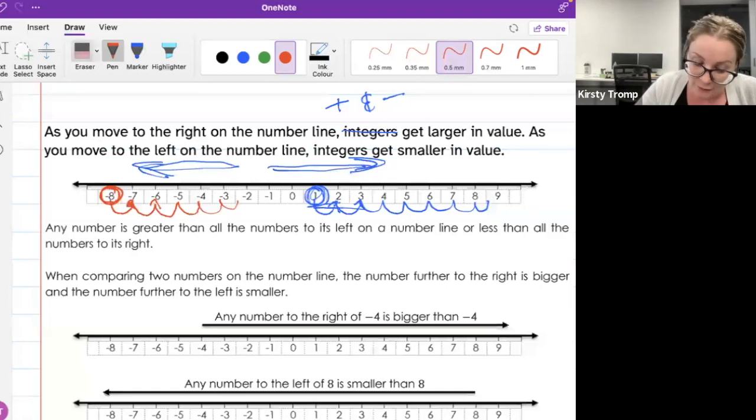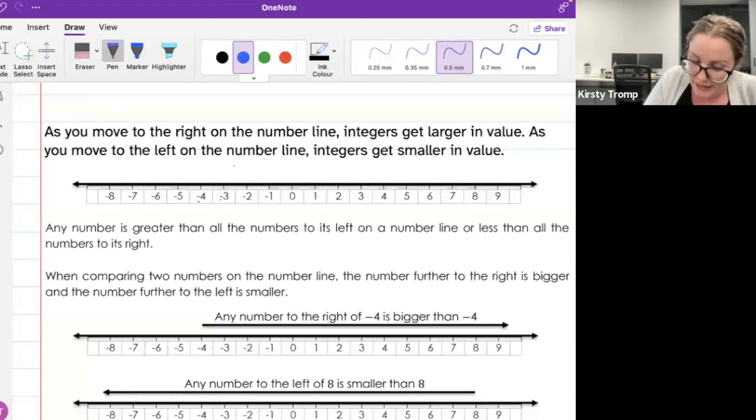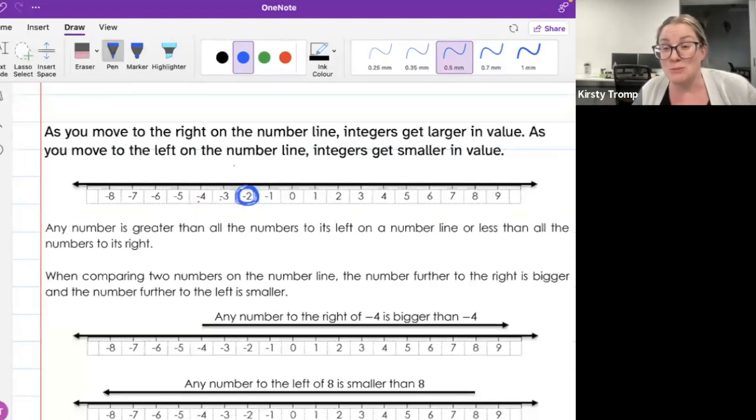If we start at the number -2, and we move to the left, what do we know about moving to the left? As we move to the left, our numbers are going to get smaller.